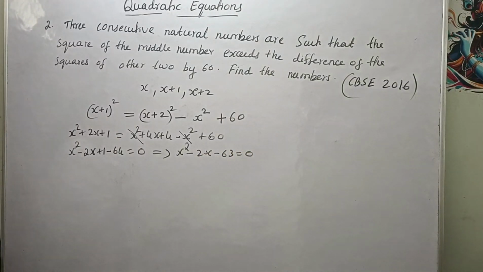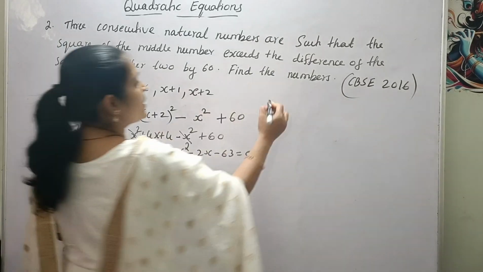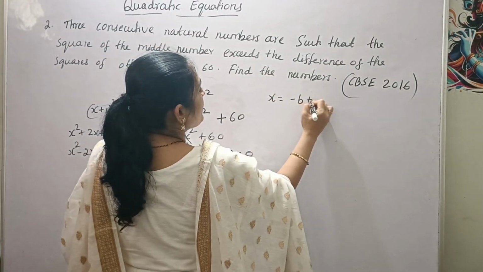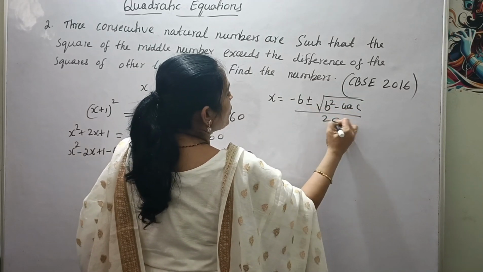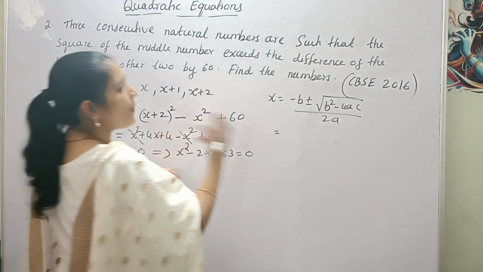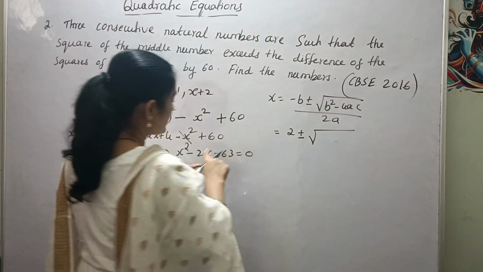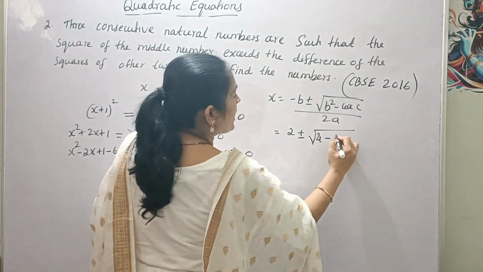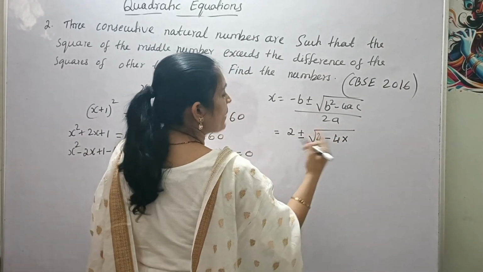Okay, now let's find the value of x by the quadratic formula. So x is equal to minus b plus or minus root of b square minus 4ac, divided by 2a. That is equal to minus b. b is minus 2, so minus of minus 2, 2, plus or minus root of b square is 4, minus 4 into a is 1 into c is minus 63.